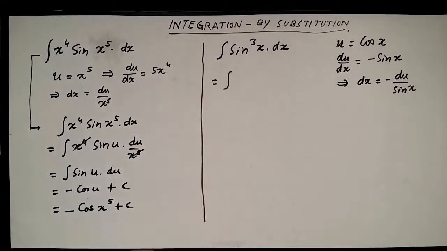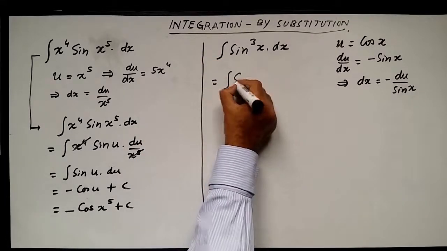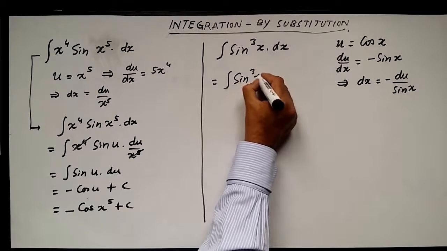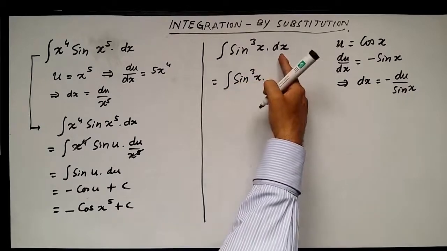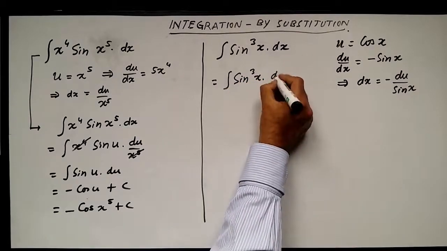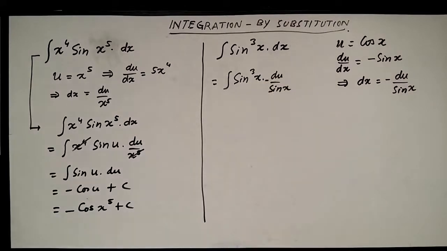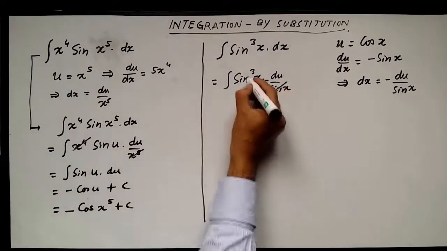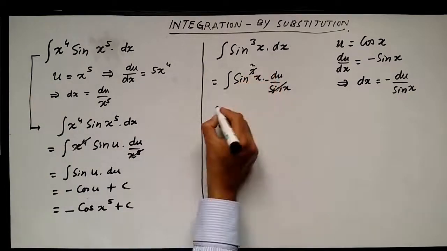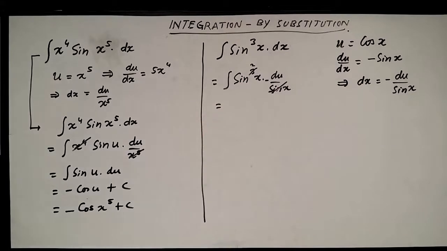So instead of sine cubed x, we have sine cubed of x, and we are replacing dx by du by sine of x, with the minus sign. This sine x and this one will cancel. We'll be left with sine square x times minus du.